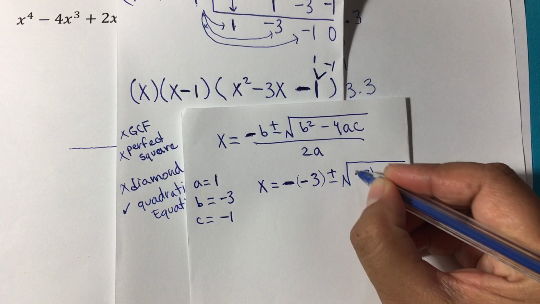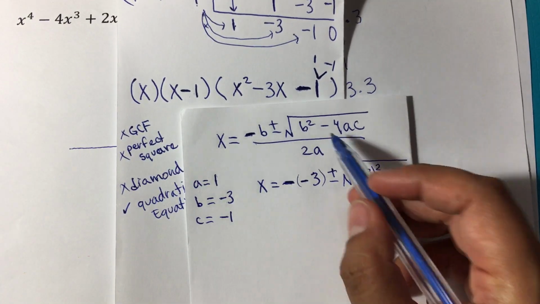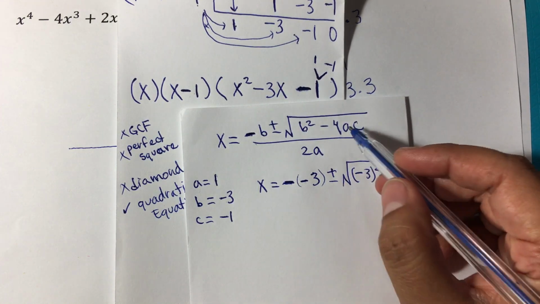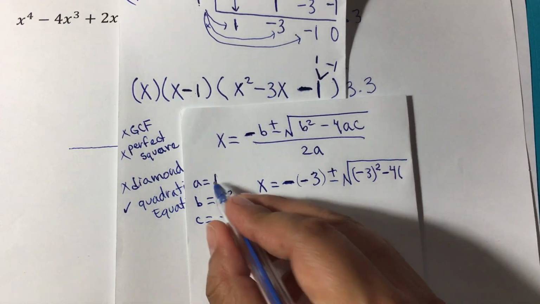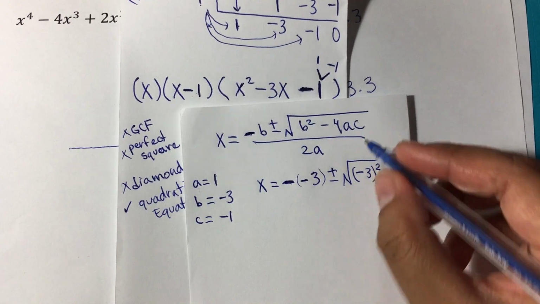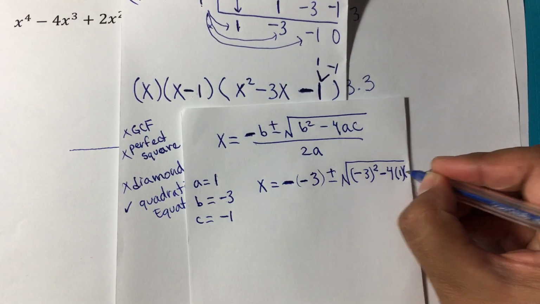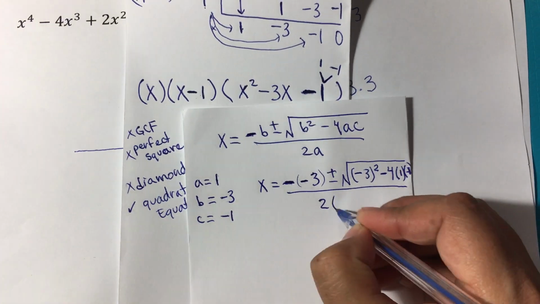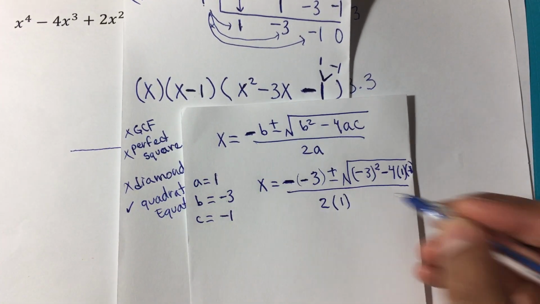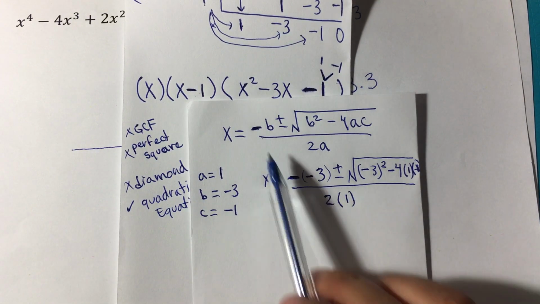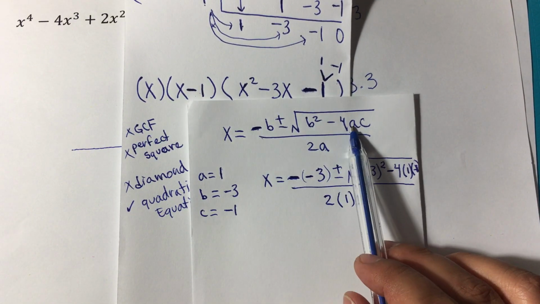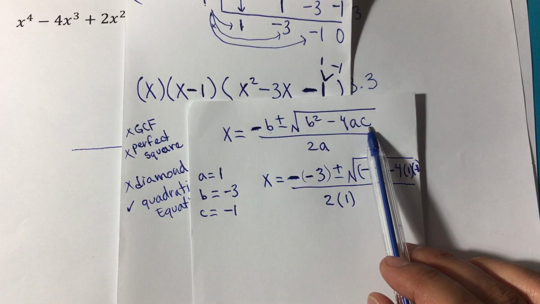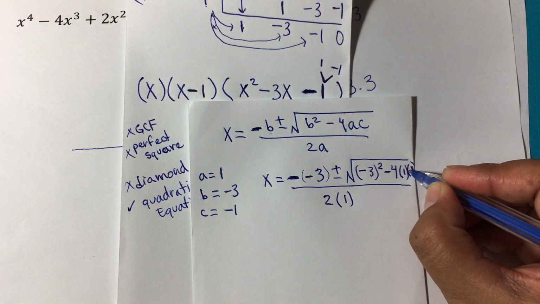Because it's negative, we're going to put it between parentheses. -4 is always part of the formula, times A, which in this case is 1, times C, which is -1. All over 2 times A, which is 1. So you're just replacing your A right here and right here, your B in these two places, and your C right here, which is -1.